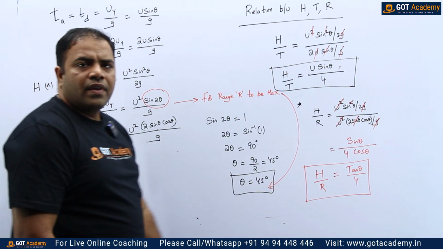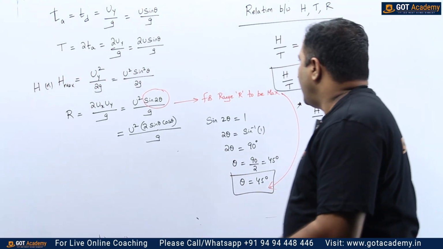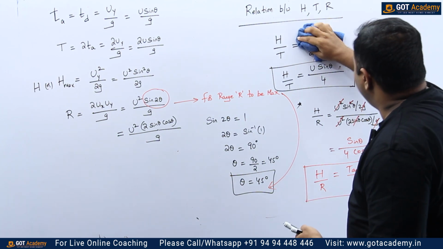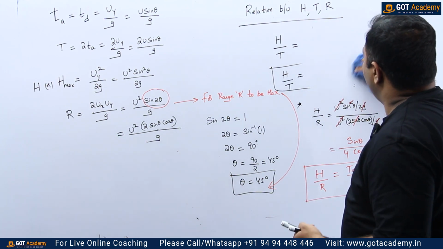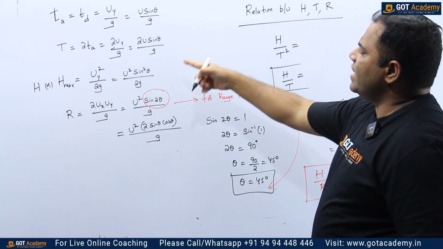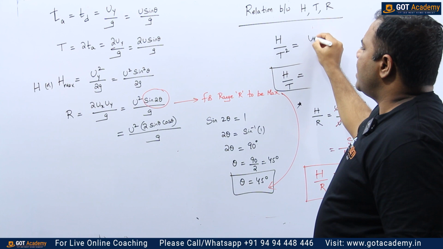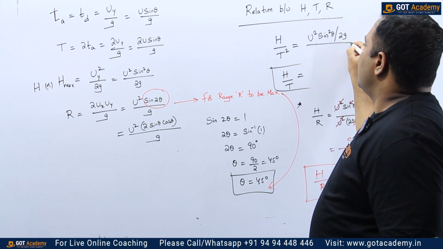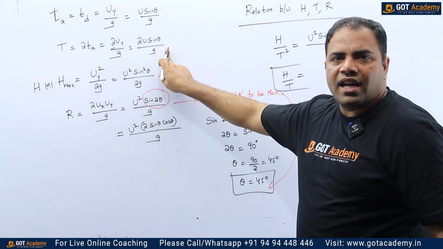Okay, my dear children. So I am going for the next one. I am interested to find out the H by T square relation here. So H here I am having as u square sin square theta by 2g, whereas this T is 2u sin theta by g.